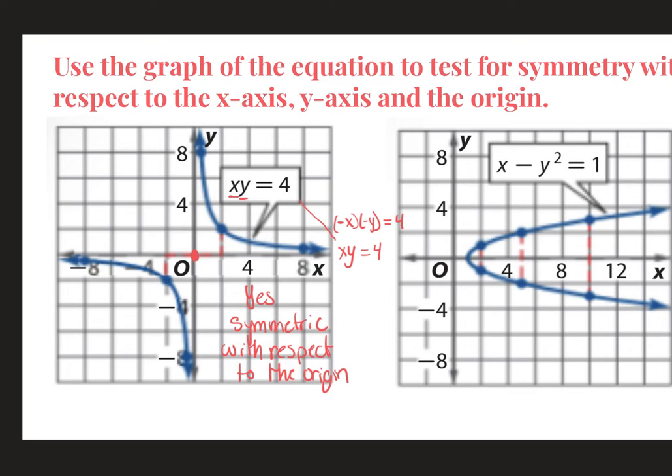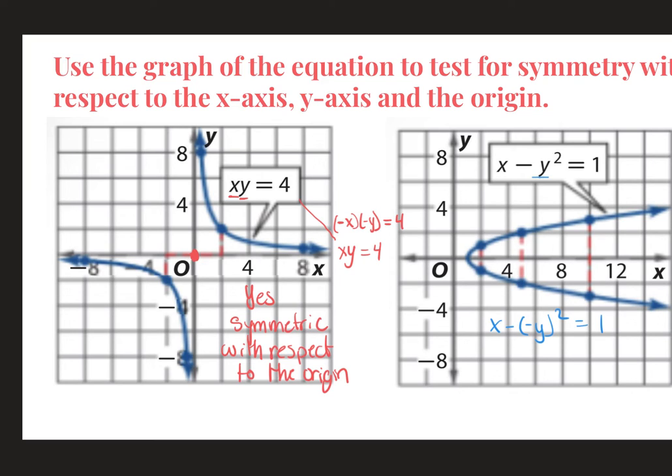In my next problem, it looks like this is symmetric with respect to the x-axis. So that means I'm going to replace y with a negative and see if I get an equivalent equation. So x minus negative y squared equals 1.